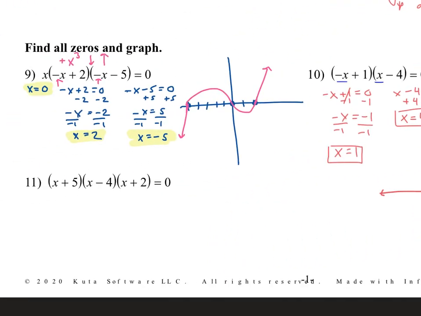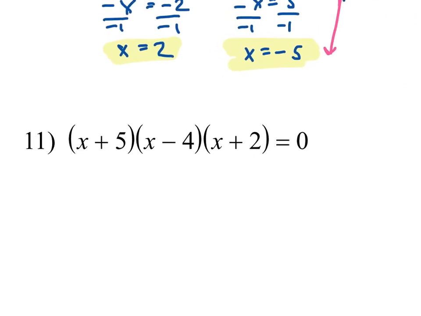All right, we have one more graphing one. Number 11. How do we find our zeros? Awesome. Just got to set each little piece equal to 0. So how would we solve for x in our first equation?